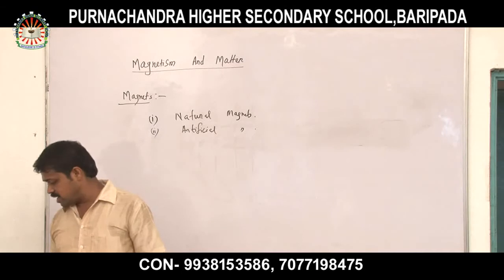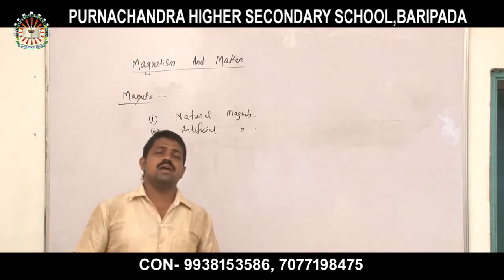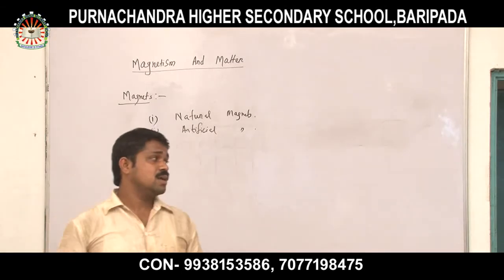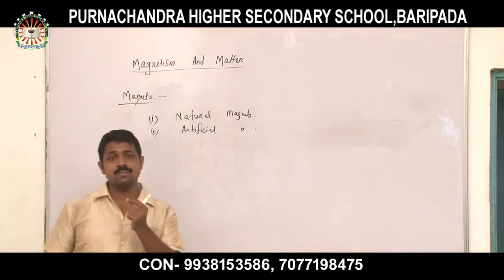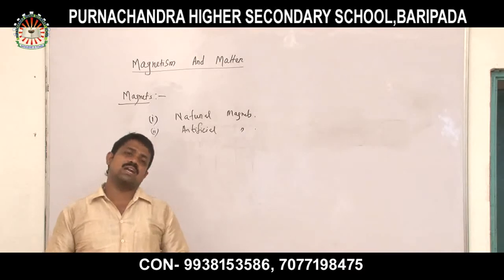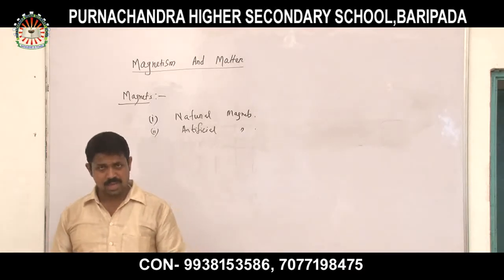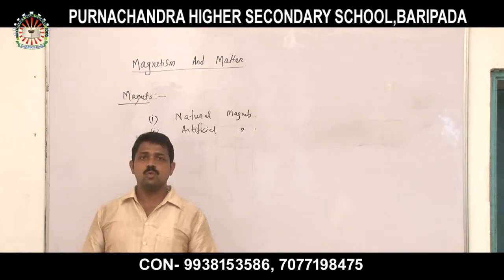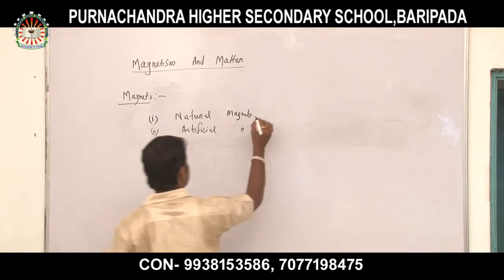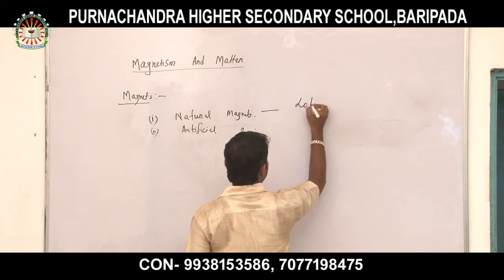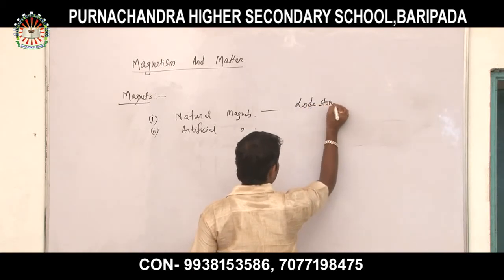Another very important point is that natural magnets have weak magnetism, or they produce a weak magnetic field. Clear? An example of a natural magnet is lodestone.